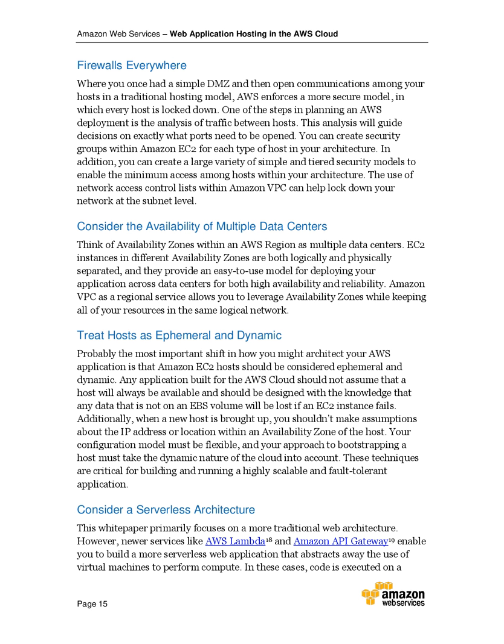Additionally, when a new host is brought up, you shouldn't make assumptions about the IP address or a location within an availability zone of the host. Your configuration model must be flexible, and your approach to bootstrapping a host must take the dynamic nature of the cloud into account. These techniques are critical for building and running a highly scalable and fault-tolerant application.